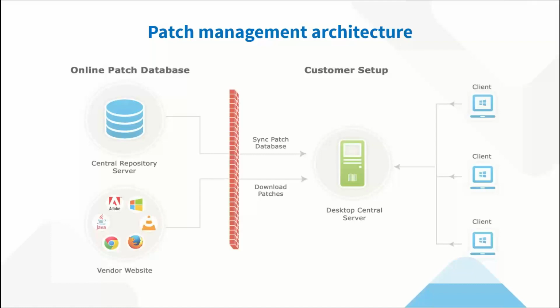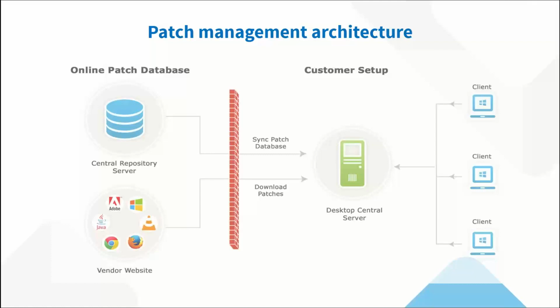After identifying the missing patches, Desktop Central Server would directly download the required patches from the vendor site. Then the managed computers, based on where they are connected, can be allowed to download the patches from the central server or from the internet directly. However, you will have controls to define the deployment day and time.